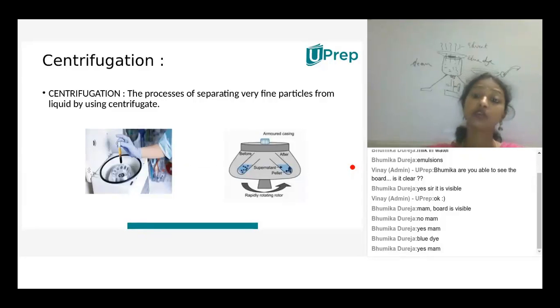Why? Because when you switch on the machine, it rotates more than 6,000 times in a few minutes, that fast. So in order not to break the tubes or imbalance the machine, they place another centrifuge tube with water to balance it.